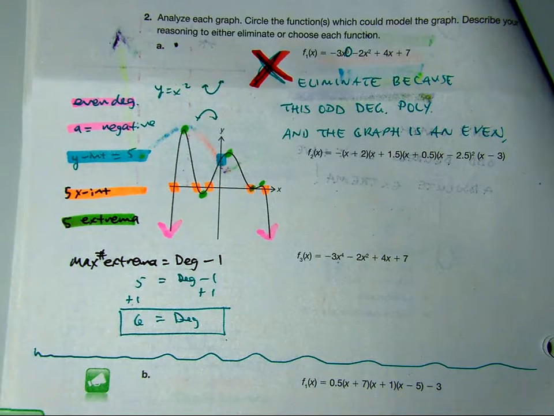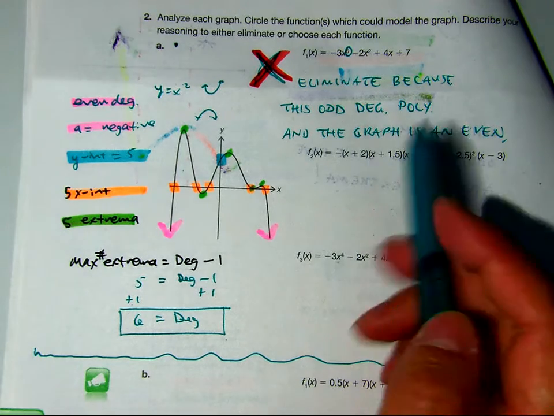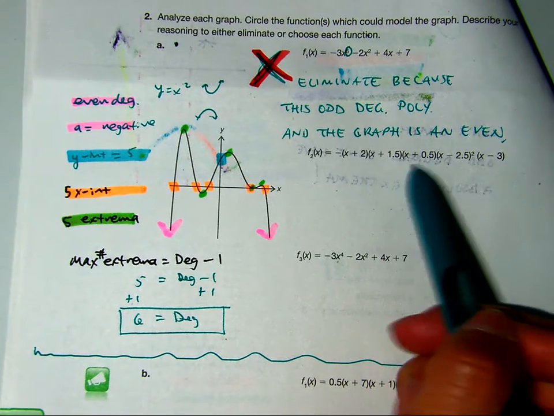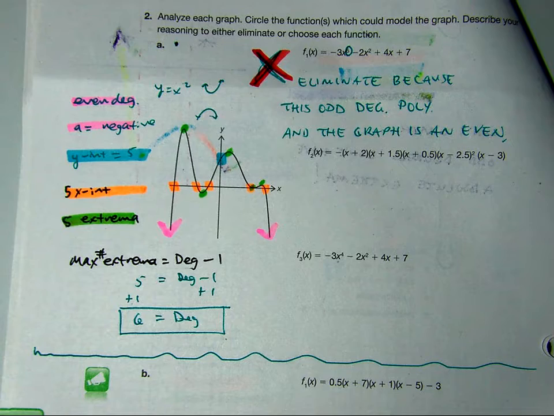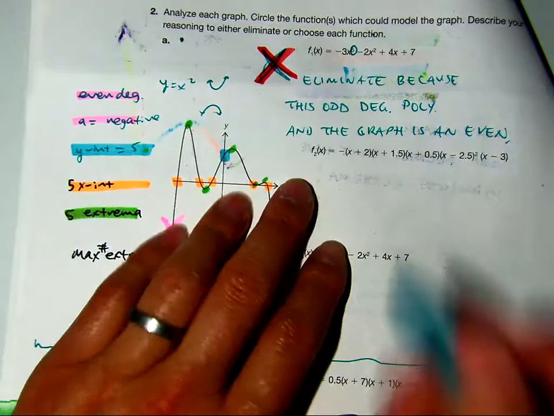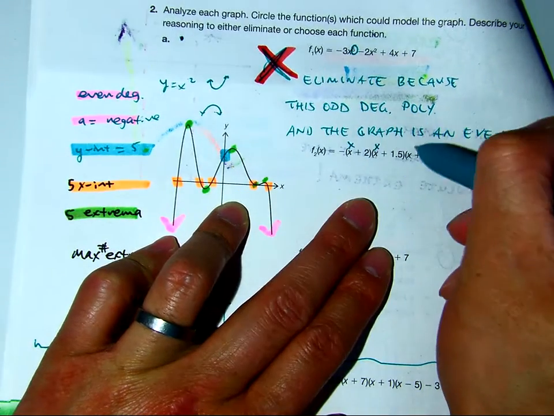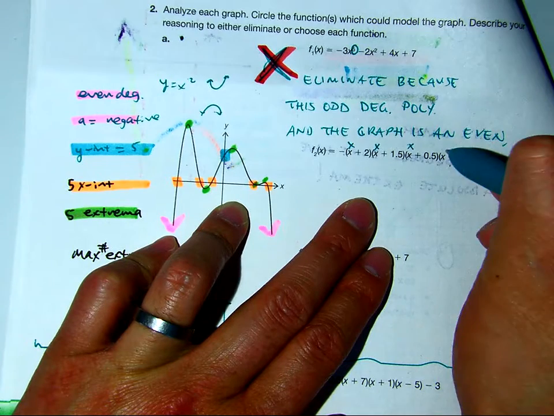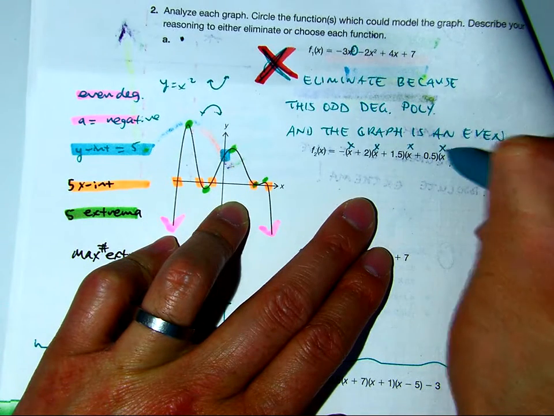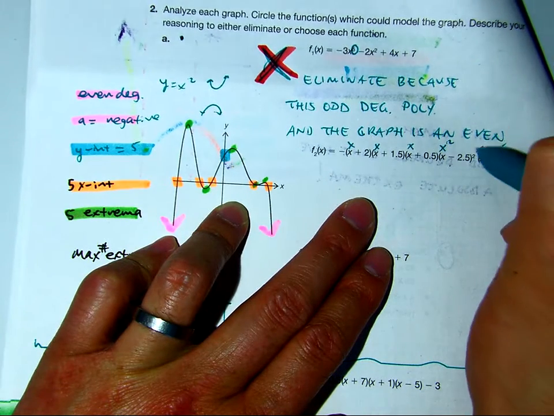Let's look at the next one. Now this one's a little bit complicated, and you might think, Mr. Ng, does that mean I have to do FOIL in the box like a bunch of times? Well, I'm going to teach you a shortcut. This one just has an x. This has 1x. This one has an x. This one has x squared, and this is an x.